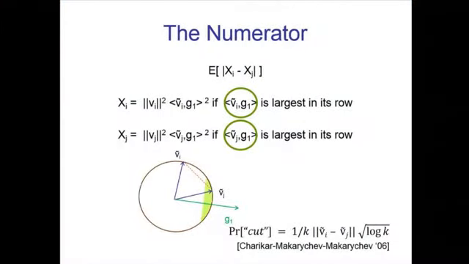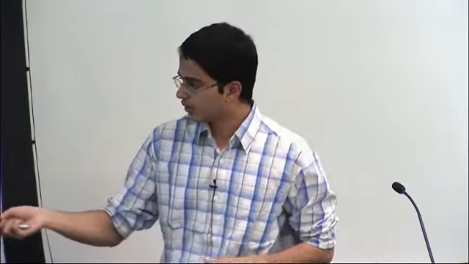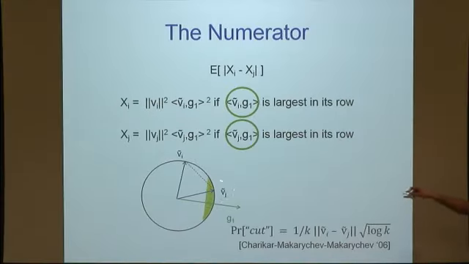So using this, you can show that the probability of a cut being made, in the sense that one of them is 0 and the other one is non-zero, is upper bounded by 1 over k times the distance between these two vectors times square root lambda k. The square root lambda k comes because it is like the size of the kth cap on the unit sphere. Okay? And this was formally proven by Charikar, Makarychev, and Makarychev. Any questions?